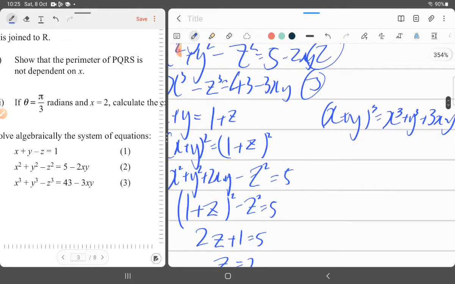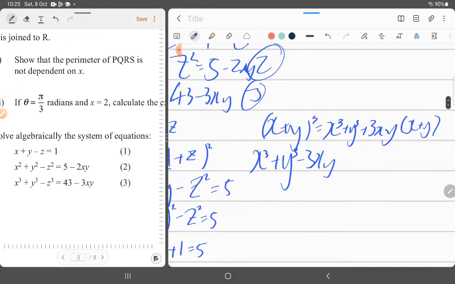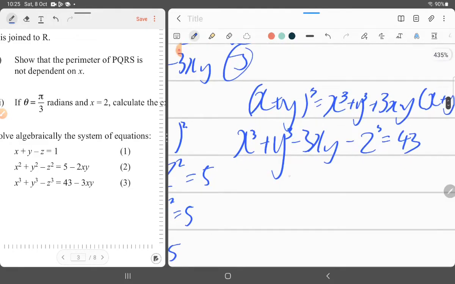Actually, let me just substitute it. x cubed plus y cubed take away 3xy take away 2 cubed is equal to 43. x cubed plus y cubed take away 3xy, so that is equal to 35.